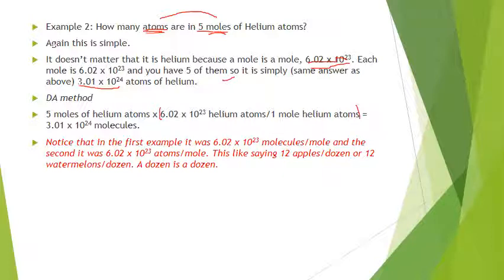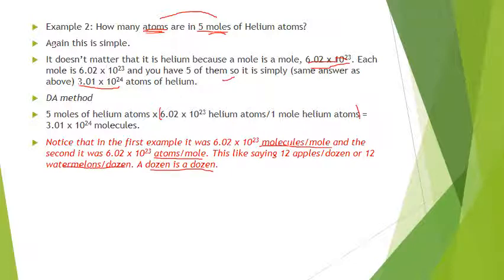The key thing here is that you can have molecules per mole or atoms per mole. Just like you can say 12 apples is a dozen, or 12 watermelons is a dozen. A dozen is a dozen.